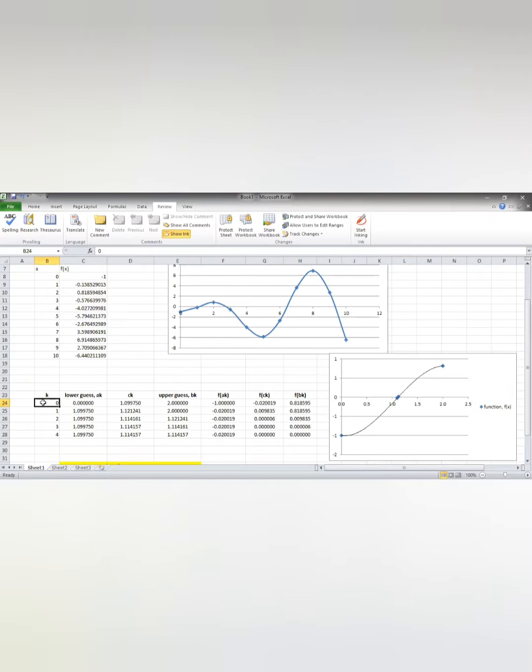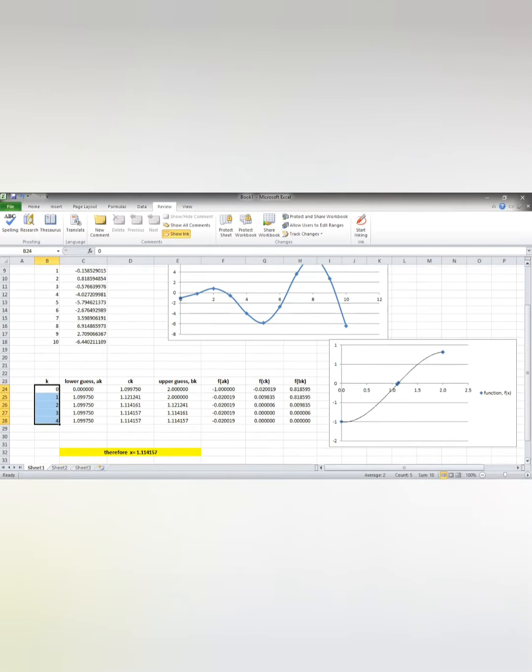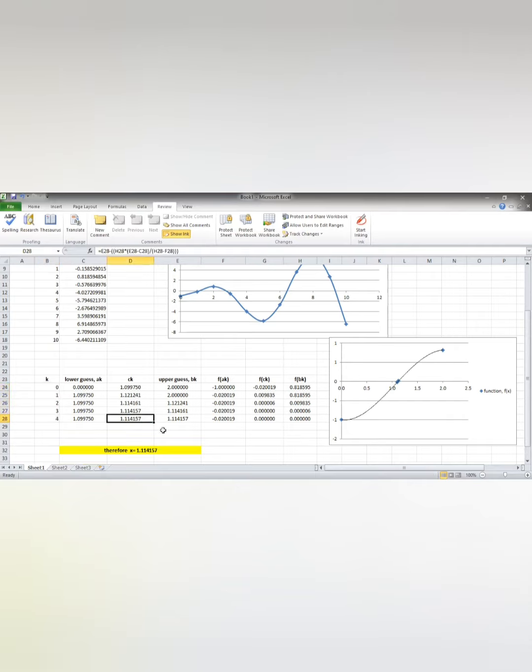Okay, from our solution, as you observe, using the false position method, or regula falsi method, it converged faster to a root which is equal to 1.114157 up to 4 iterations only, compared to the bisection method. For this problem, it reaches up to 21 iterations.